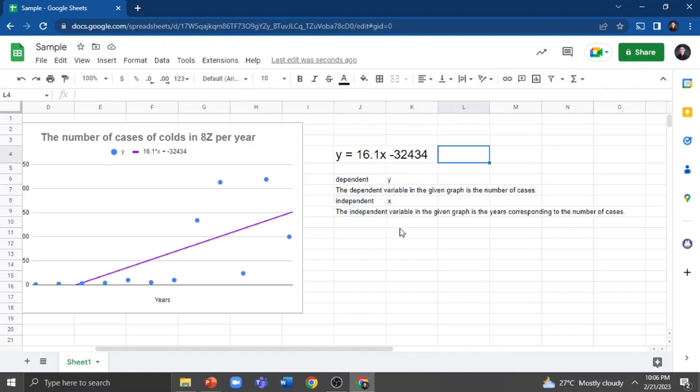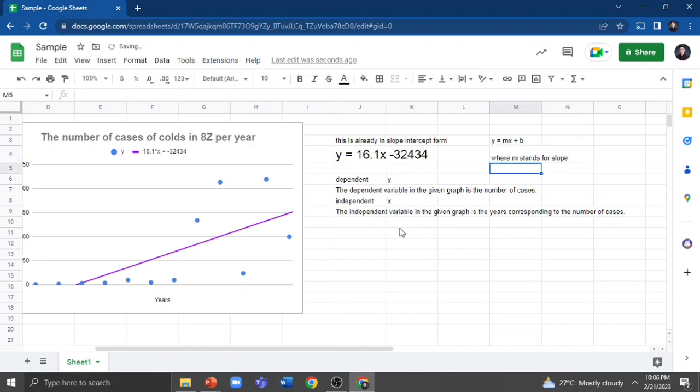This equation right here is written in slope-intercept form. So let's take note of that. So this is already in slope-intercept form. The slope-intercept form is given as y equal to mx plus b, where m stands for what? It stands for slope.